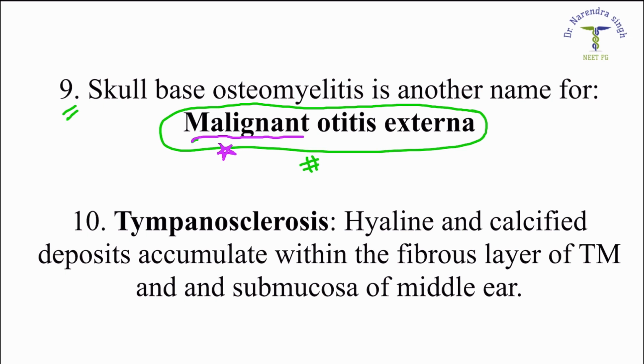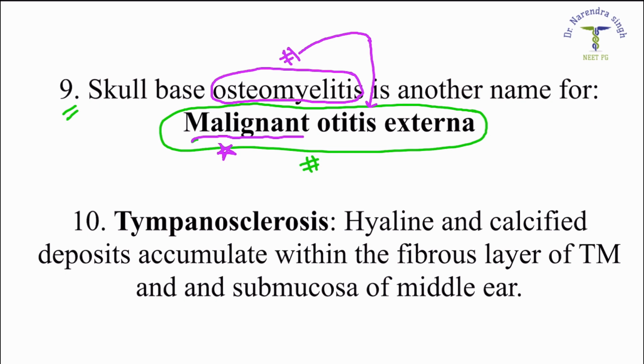It is also called skull base osteomyelitis because, due to its quick extension, it sometimes involves the skull base. So skull base osteomyelitis is a synonym for malignant otitis externa.